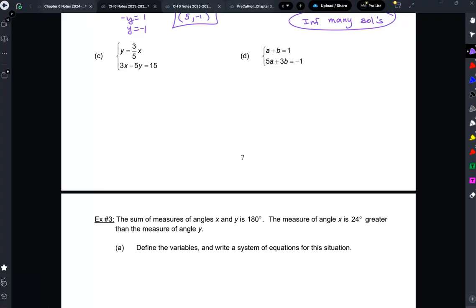Look at that. Good old fraction. Okay, so 3 over 5x. Where am I going to plug that into? The x or the y? The y. So 3x minus 5 times 3 over 5x equals 15.